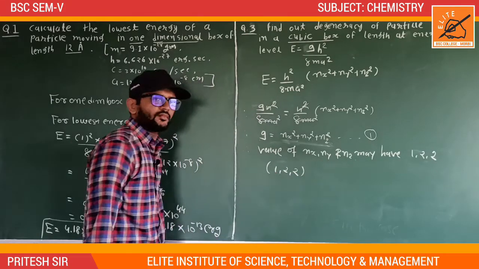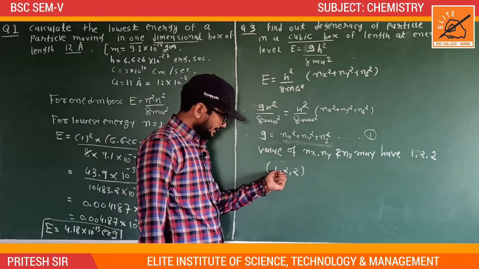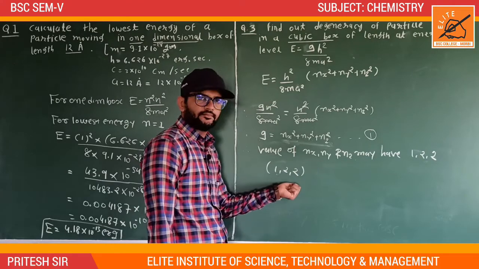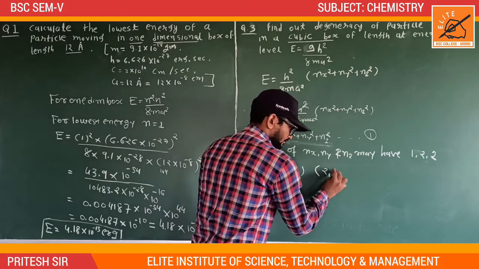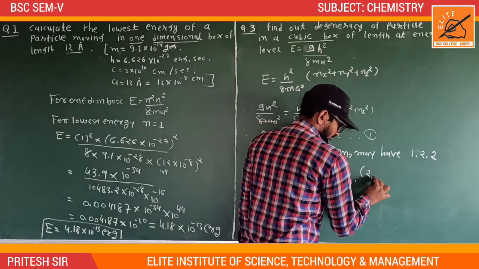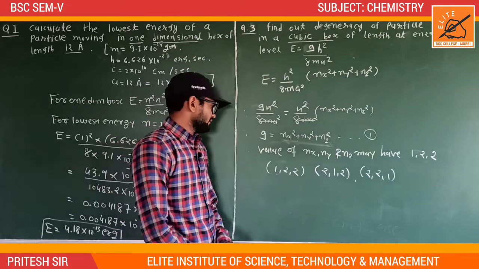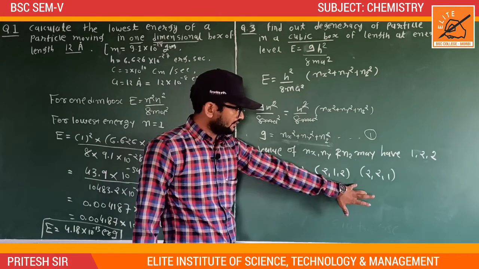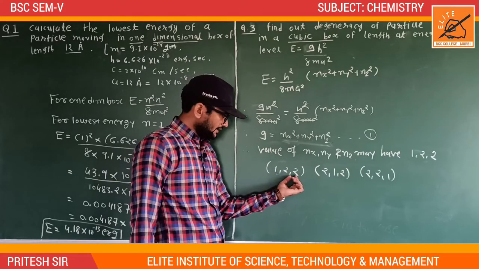Now if I keep 1 constant and interchange the two 2s, it is the same. Another one is 2, 1, 2 and the last one is 2, 2, 1. So in this case only 3 sets of degenerate states are possible, because two values, ny and nz, are the same.